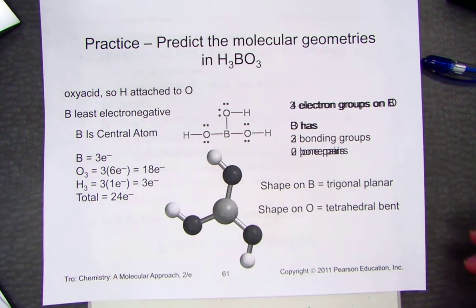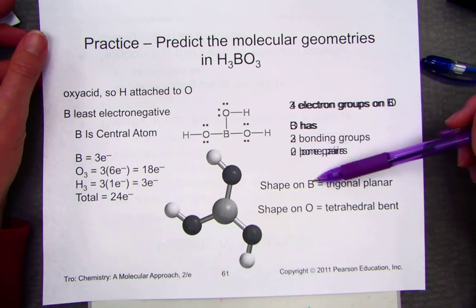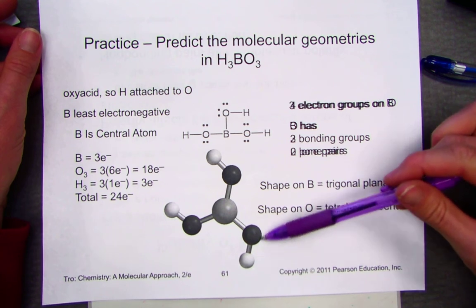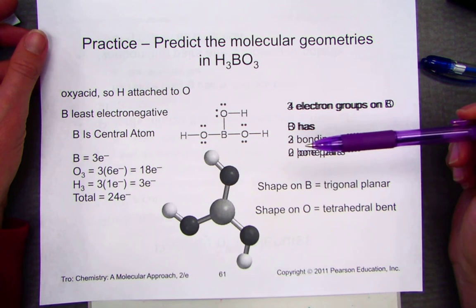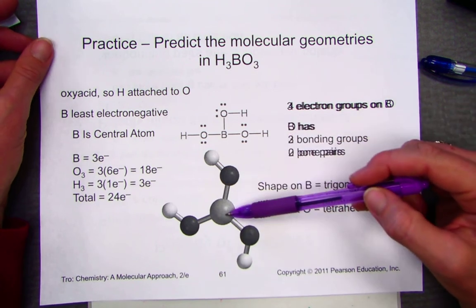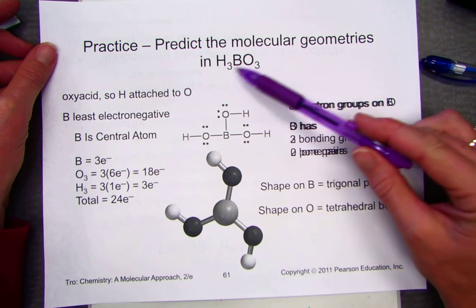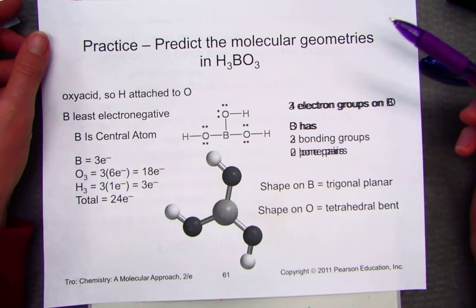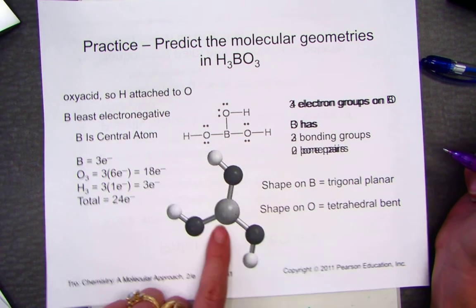When you're ready, start the video back up and you can see the next slide. We have boron in the center. We have an OH group here, an OH group here, and an OH group up top as well. So boron is serving as the central atom. H3BO3, the O's and the H's attach back. So here, boron is trigonal planar.